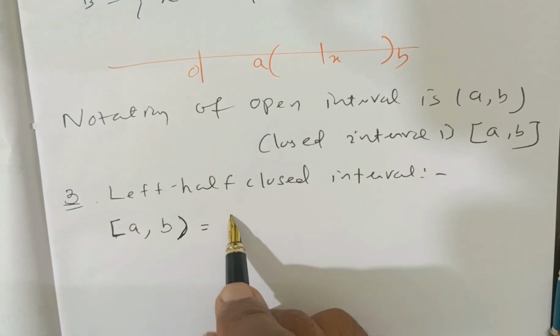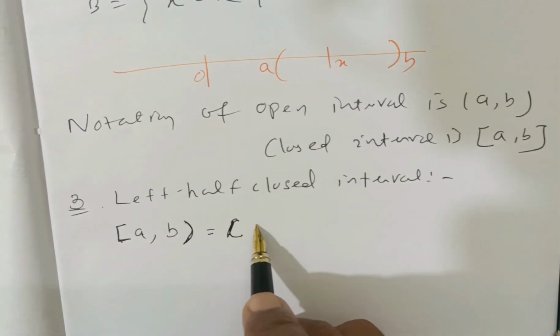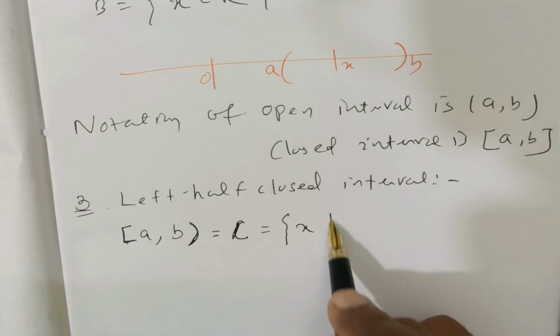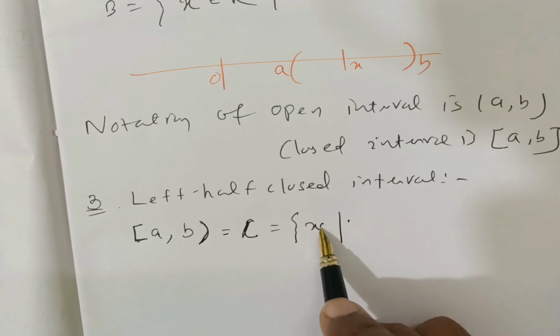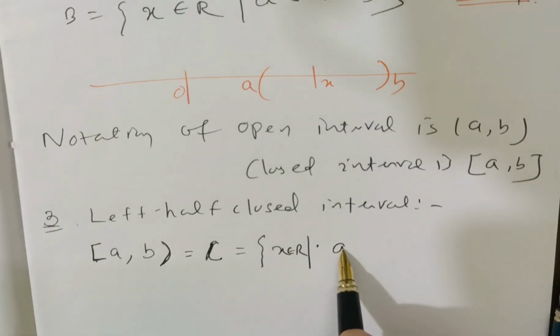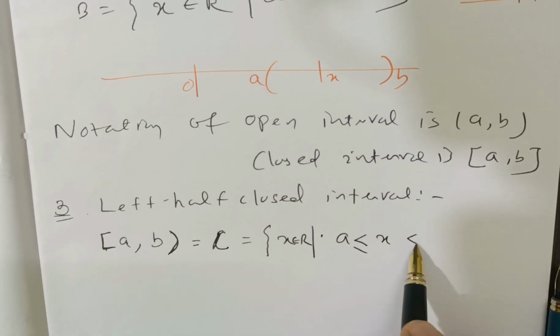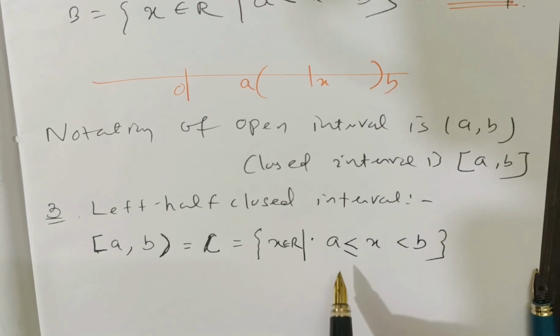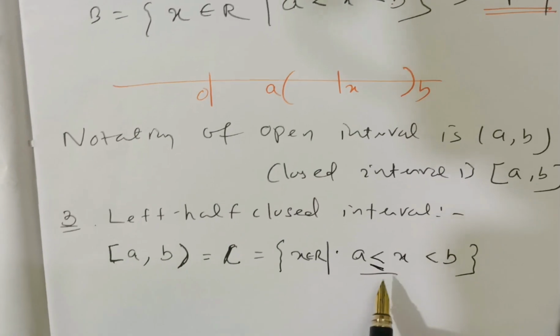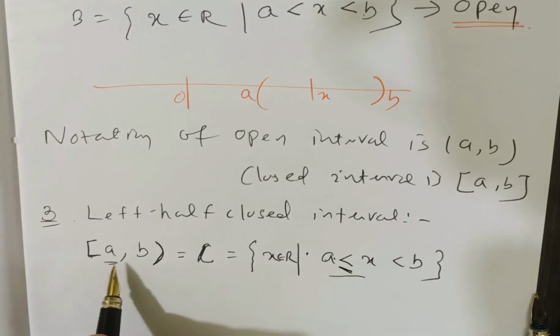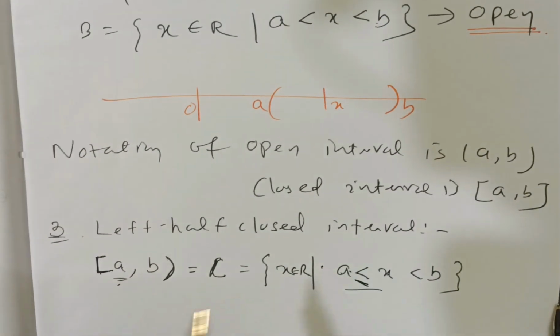This is the definition that the set C, say, is the collection of all x such that x is an element of R and A is less than or equal to x is less than B. Observe friends, here x can be equal to A. That means the endpoint A is included and therefore the box bracket is used.